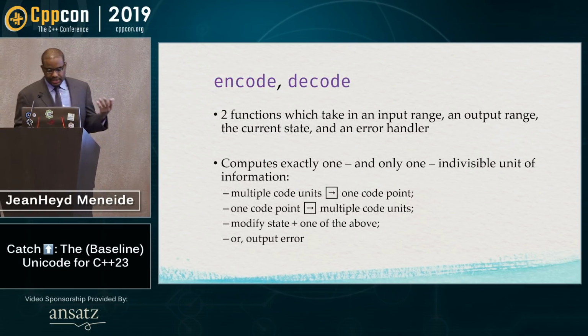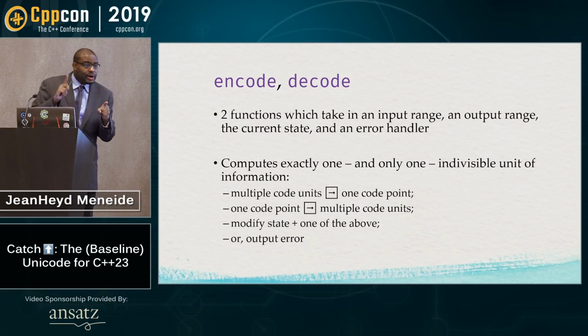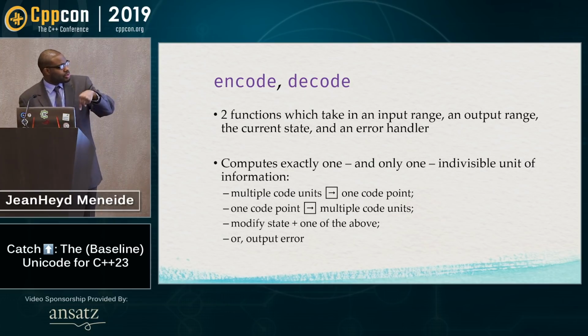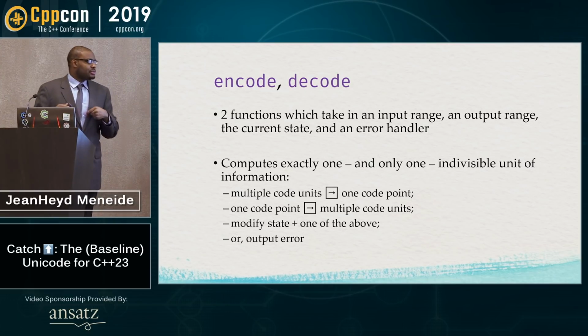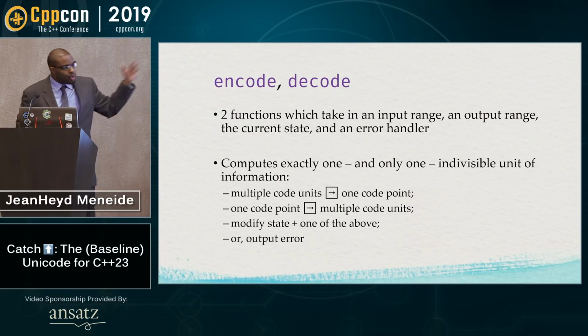All right, now let's talk about the encode and decode functions. These are two functions that take an input range, an output range, the current state, and an error handler. It computes exactly one, and only one, indivisible unit of information. So you go from multiple code units to one code point, or one code point to multiple code units. You can modify the state and do one of the above, or you output an error.